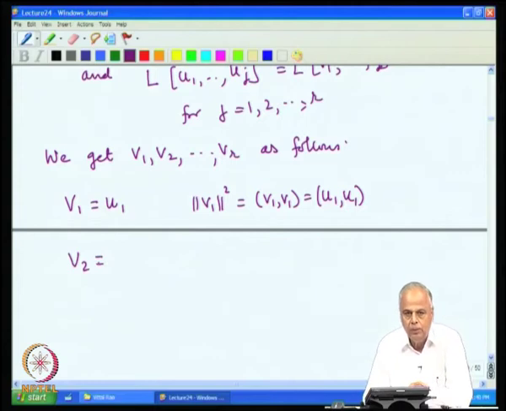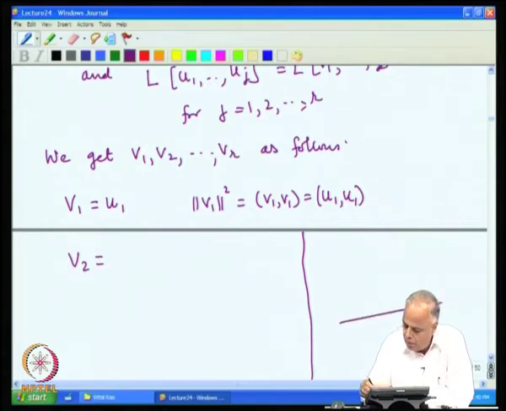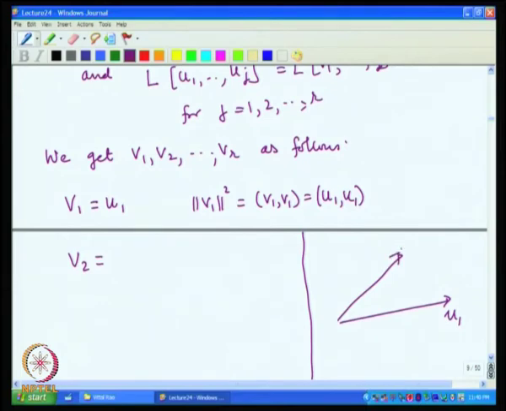For V2, we now use the u2 information. If you look at it a bit geometrically, we have u1 here and u2 here. Now, u2 may be thought of as having two pieces of information, one which is along the direction of u1, the other one perpendicular to that.